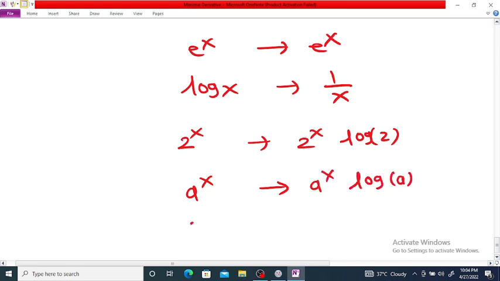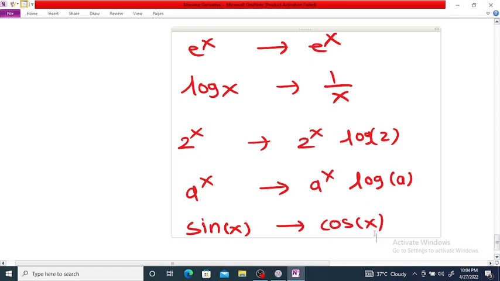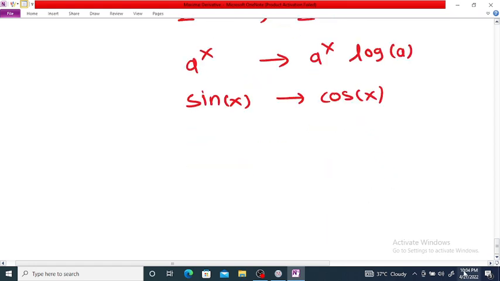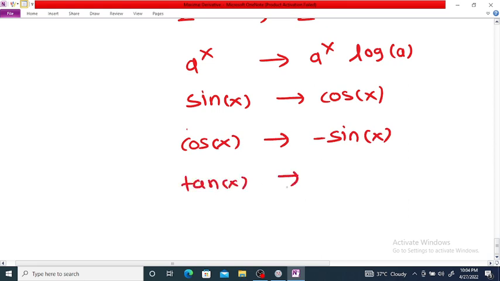If it is equal to sine x, then its derivative is equal to cos x. If it is equal to cos x, then its derivative is equal to minus sine x. If it is equal to tan x, then its derivative is equal to sec square x.